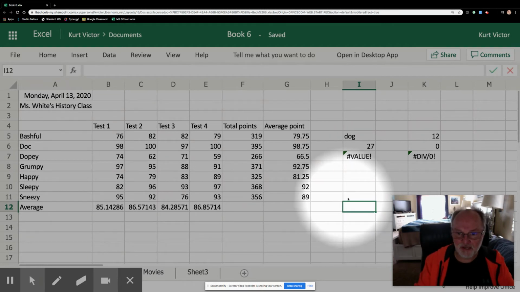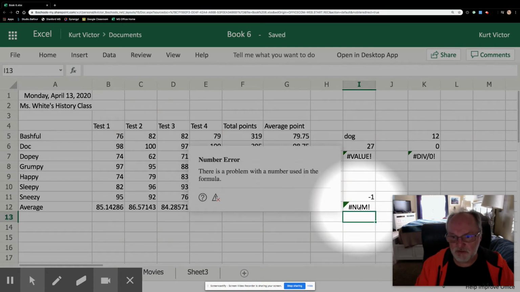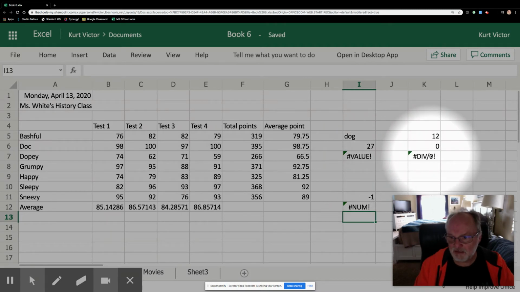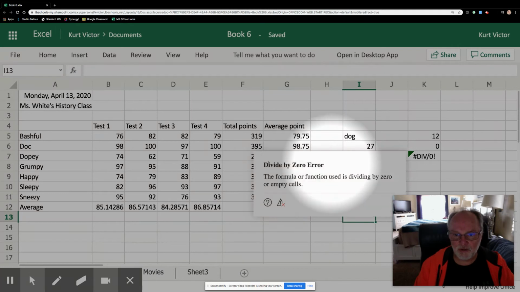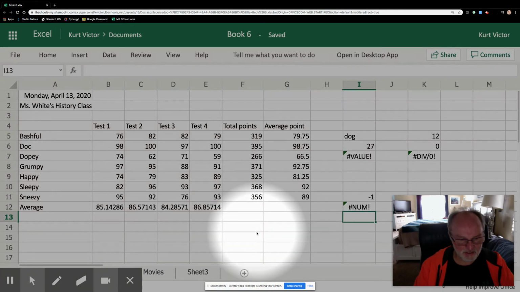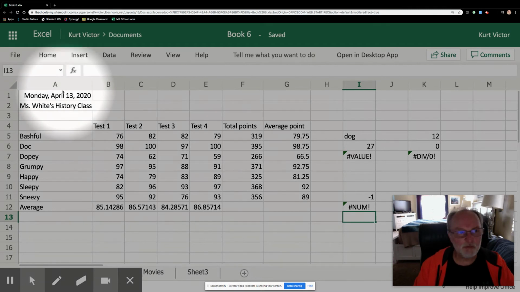So if we had a negative number, let's say -1, and you were to try to find the square root of that number, that would also return an error message, in as much as the computer knows that that is something that cannot be done. So here are a number of common error messages that you see if you make a mistake in your formula. Let's show you a couple more things you may encounter.